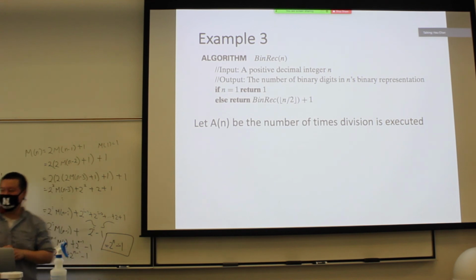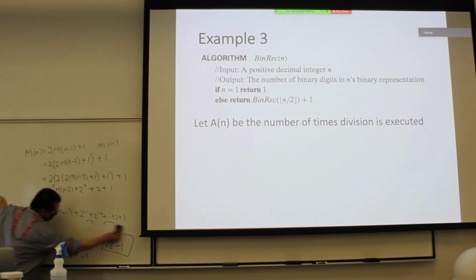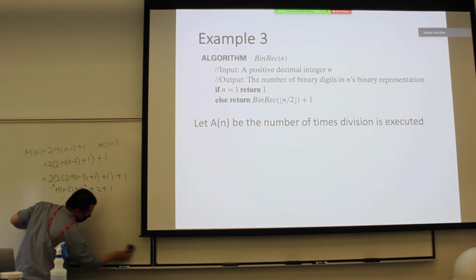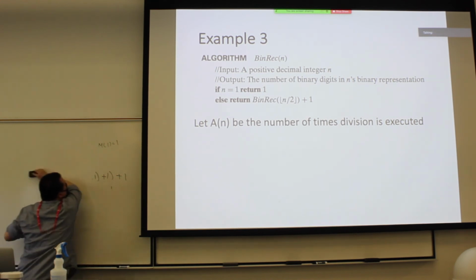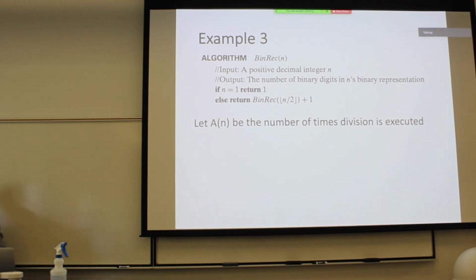So what would be the recurrence relation for this one? So the question here is, what should a of n be? What is the recurrence relation? Any idea?